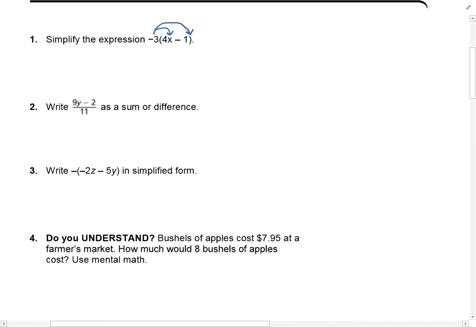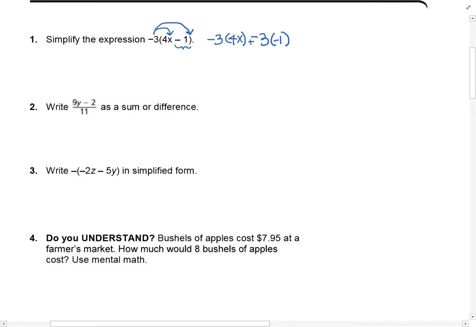So doing it very slowly, we're going to take -3 and multiply it times 4x. And then to that, we're going to do -3 times, and I'm thinking of this right here as a -1. And these are adding, but since it's negative, we can think of that as subtracting.